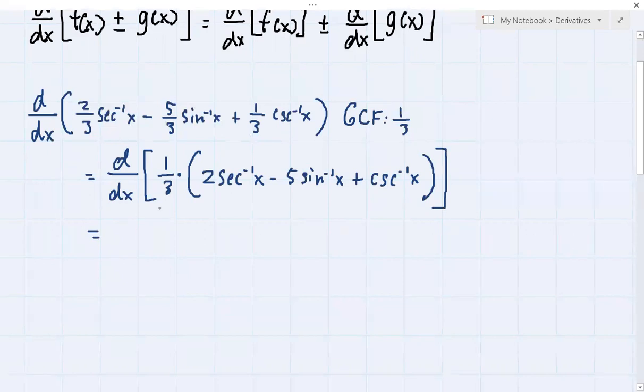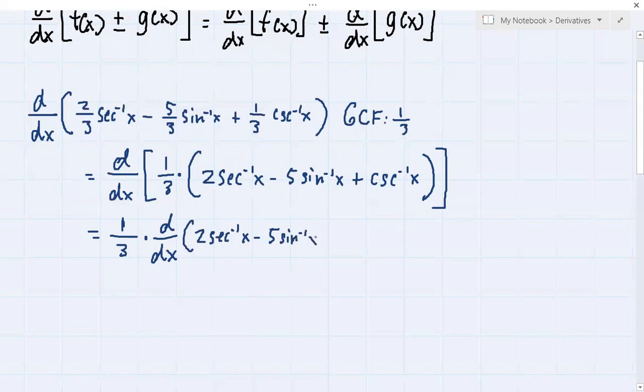So let's take their derivative. We have a constant here and a group of terms of inverse trigonometric functions. So we will have 1/3 times the derivative of 2 times arcsecant minus 5 times arcsine plus arccosecant.